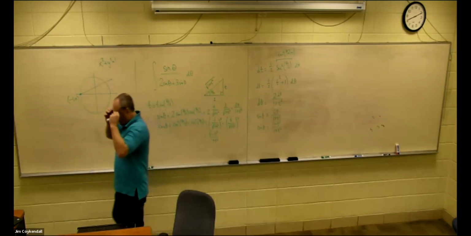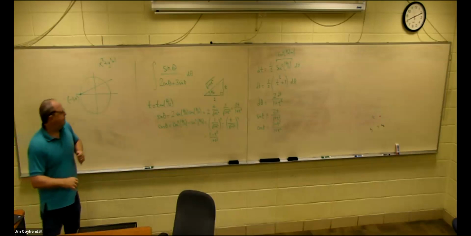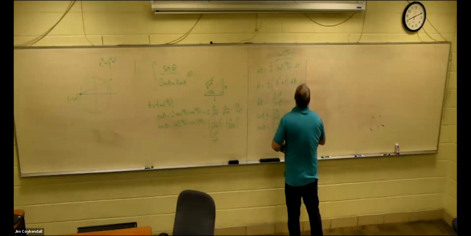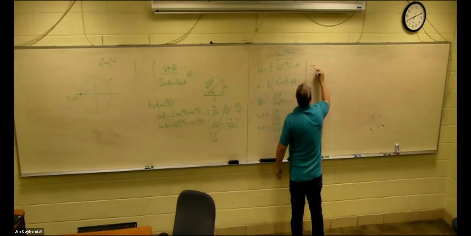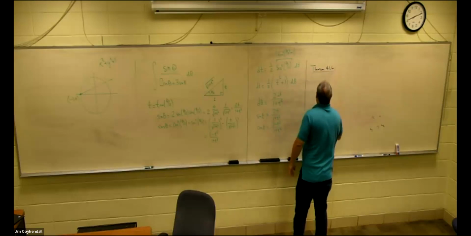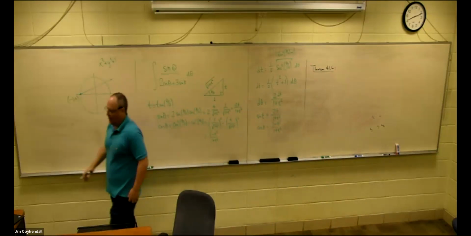Okay, so the last thing we were talking about was the Legendre symbol. And the last thing I gave you was theorem 4.16, which kind of tied together some of the stuff. Let me make sure I've got my rules set up here.